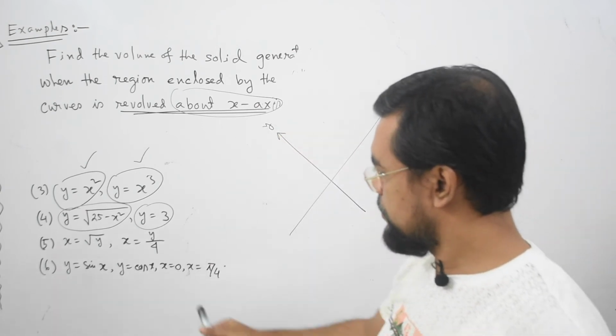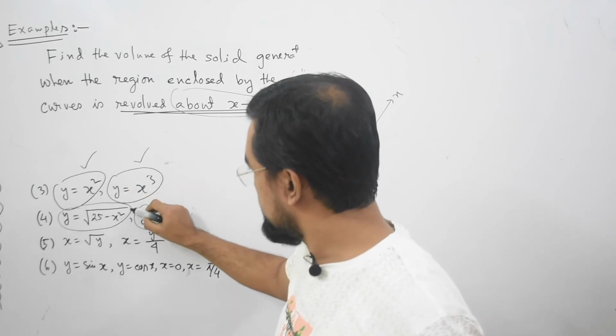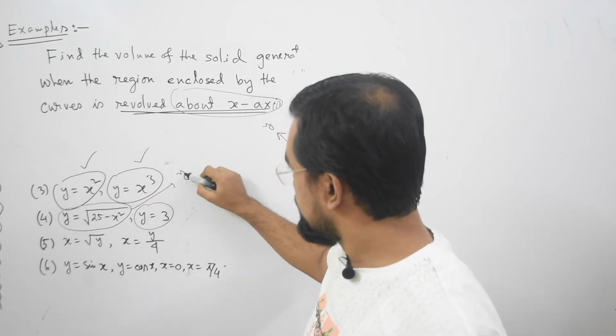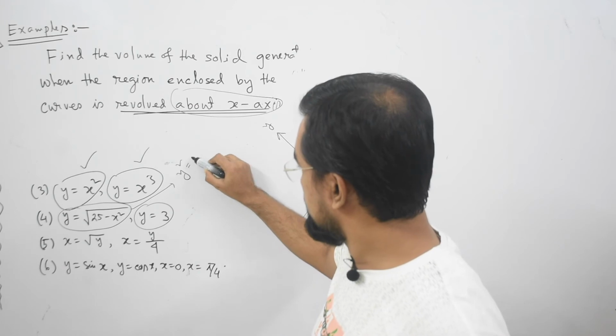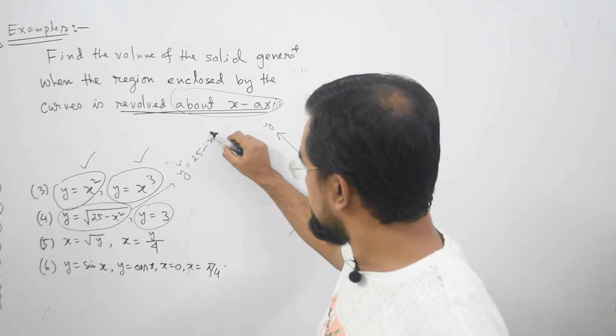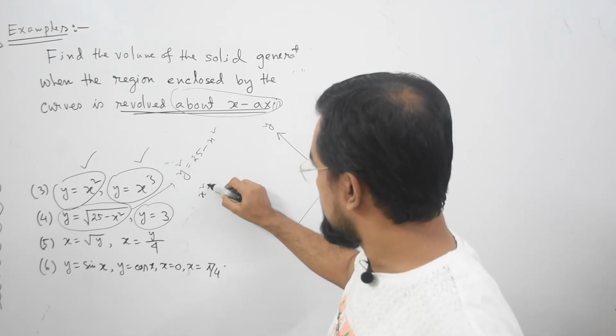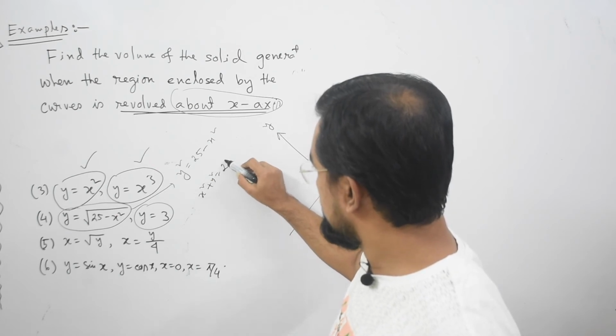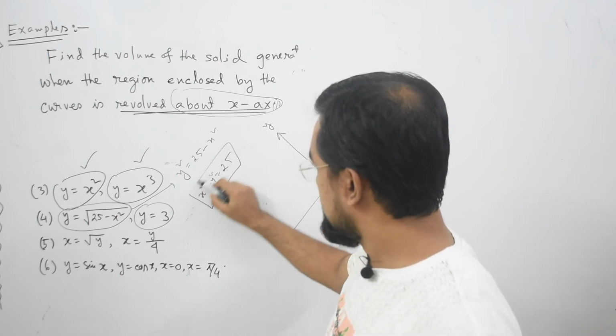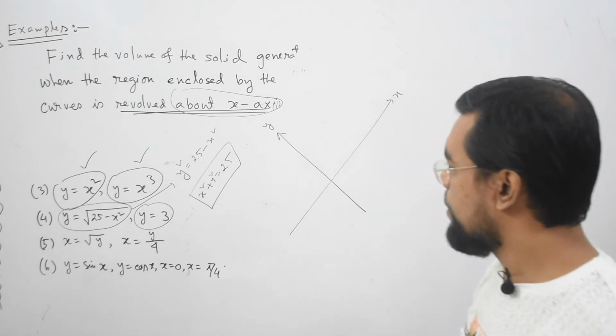We know it's an equation of a circle. If you square on both sides, you will get y square equal 25 minus x square. It means x square plus y square equal to 25. So it's a circle having radius 5.